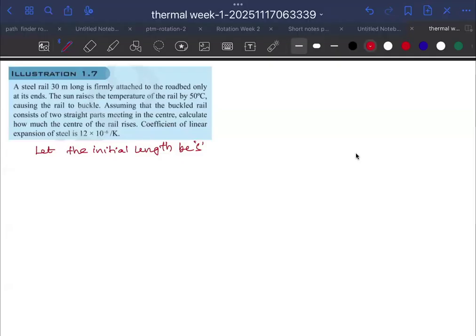Let the steel rail, 30 meters long, be firmly attached together. Initial length, on both sides, let it be length 2S. Any doubt on this? Final length, let the final length be 2 times S plus delta S.